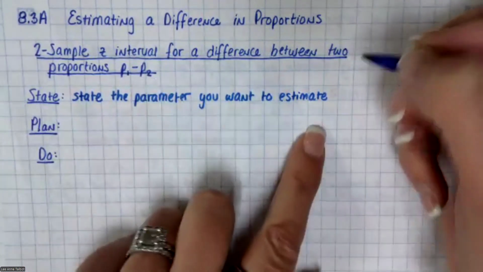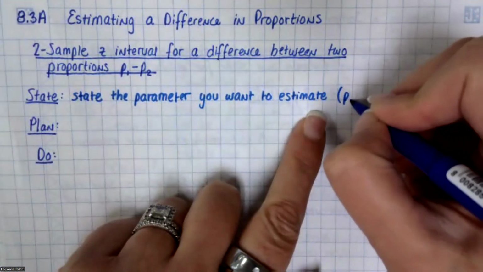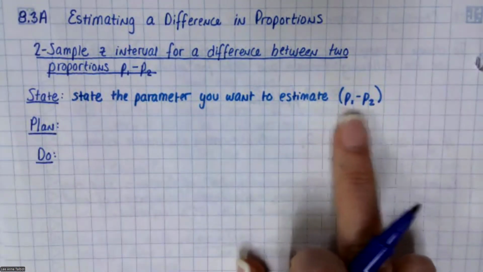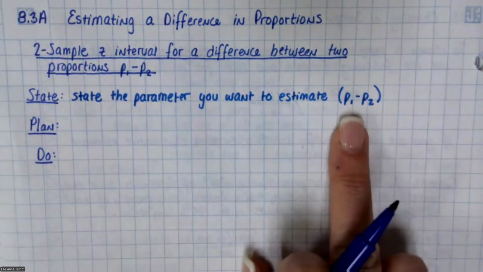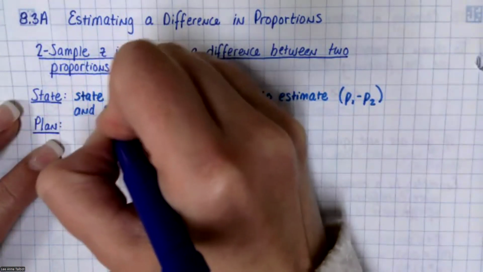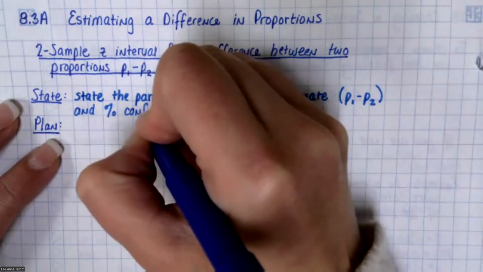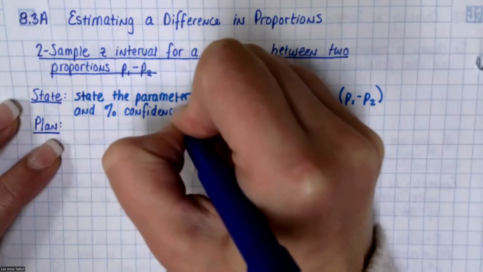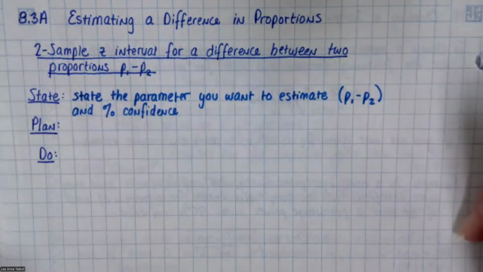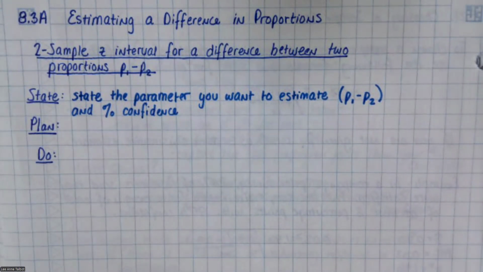In this case, your parameter is going to be P1 minus P2. You're going to have two samples, and you're going to subtract. And the percent confidence. So you have to do two things. You have to say what you're doing and the percent confidence.